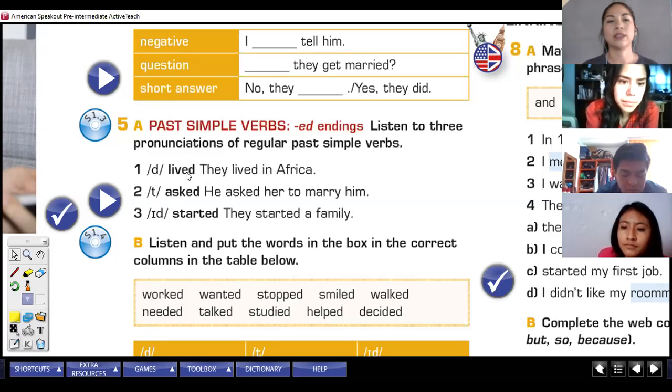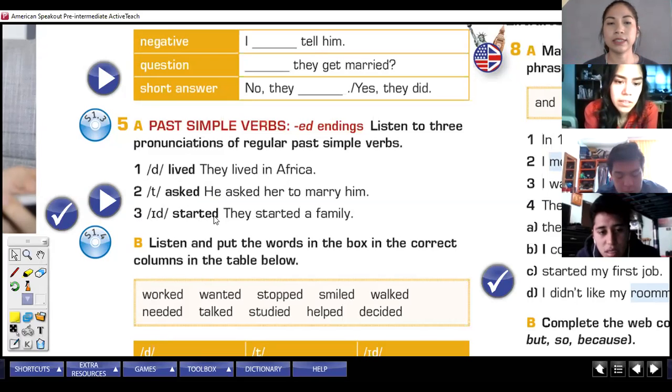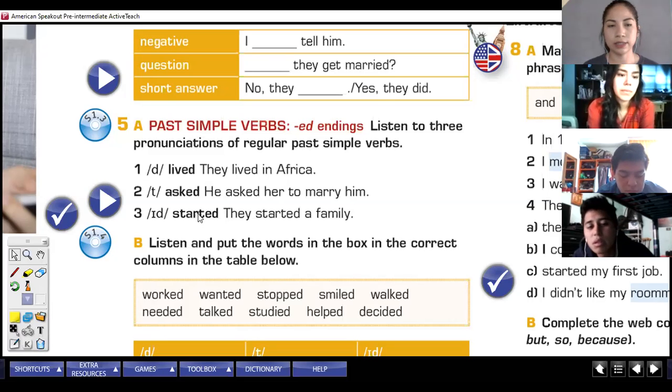The second sound is the sound of T, asked. And number 3 is the sound id, started. This is British or American, started. You have it at the end.